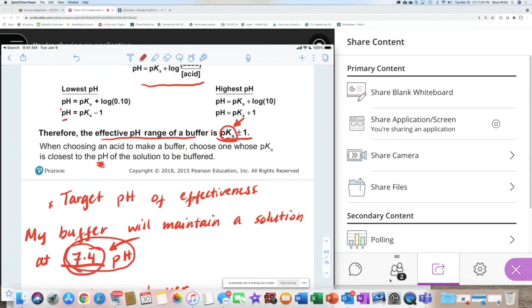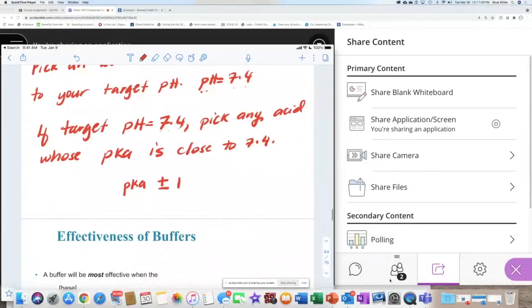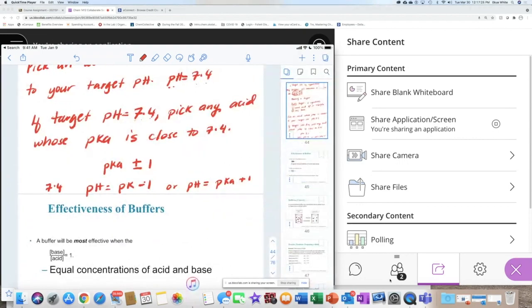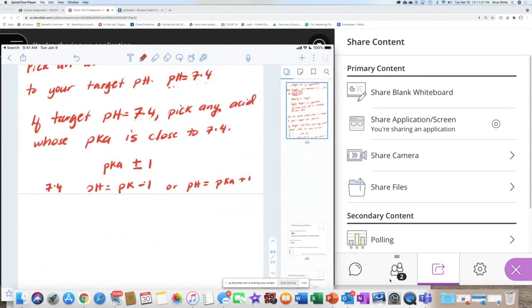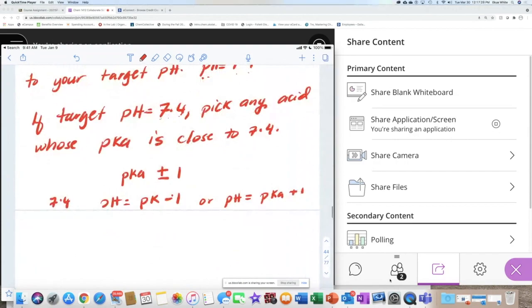So let me try to explain this part here. Since our target pH is 7.4, then they say pH is equal to pKa minus 1, or pH equal pKa plus 1. So depending on what you have in your storage room, the following range of pKa's can work.